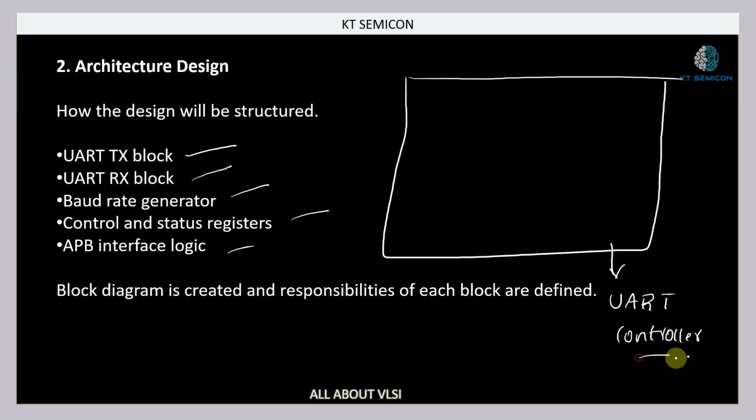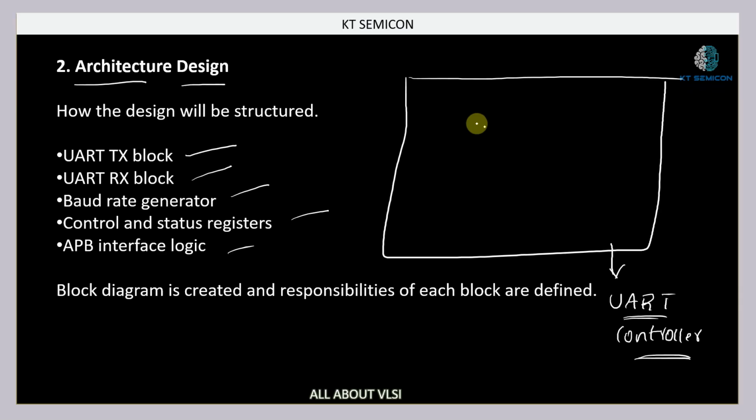Now we need to design the architecture. Architecture in the sense, if we are building a house, we are not going to build a simple hall, right? We are going to see what should be present inside. So here also in our UART controller, we are going to plan what blocks or modules should be present inside it. That will come under architectural design.